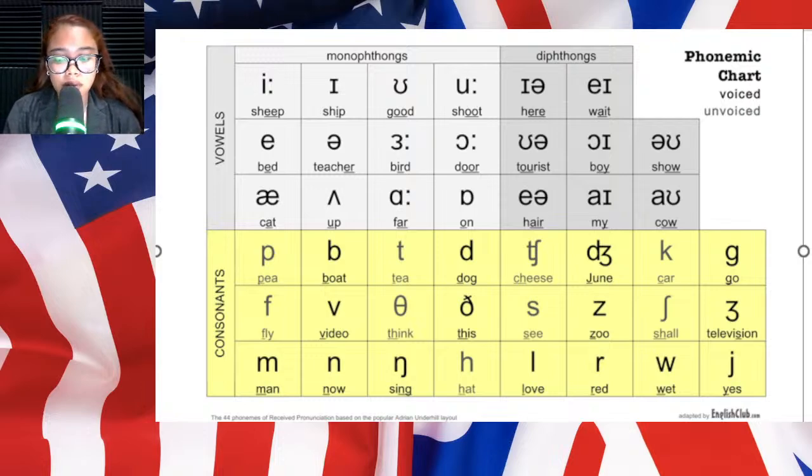You should place the tip of your tongue firmly against the gum ridge right behind your upper front teeth to create a complete seal. That's how you also pronounce this particular consonant. However, the difference is all in your throat.